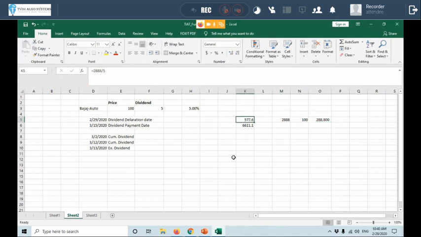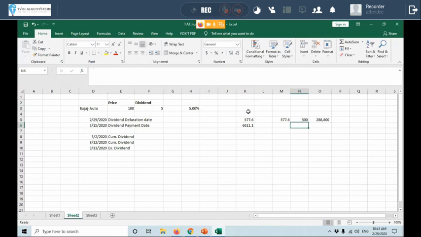Now, since the company has given a stock split of 1:5, your share price has been split into 5. Hence, your number of shares will also increase by 5 times.